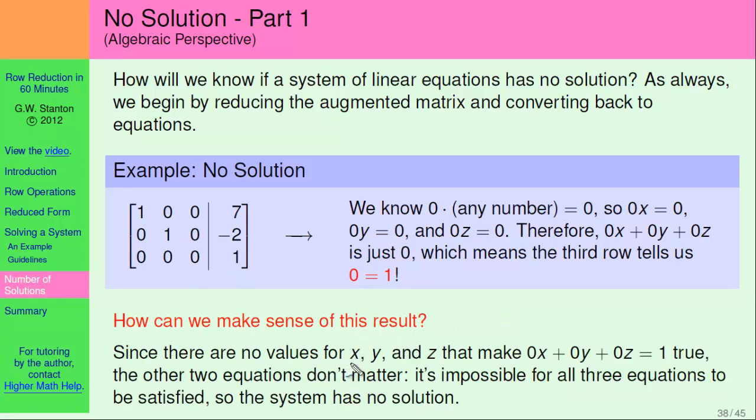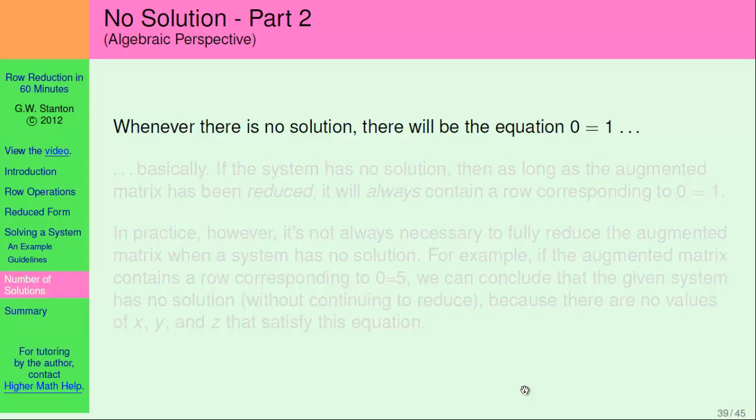Since there are no values for x, y, and z that make the equation 0 equals 1 true, the other two equations don't matter. It's impossible for all three equations to be satisfied, so the system has no solution. Now, there is another way to look at this.